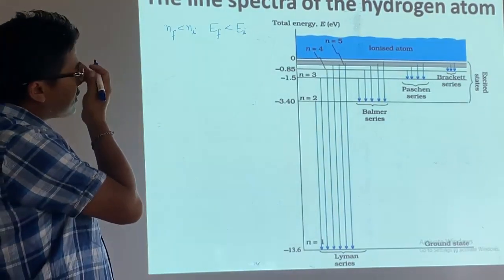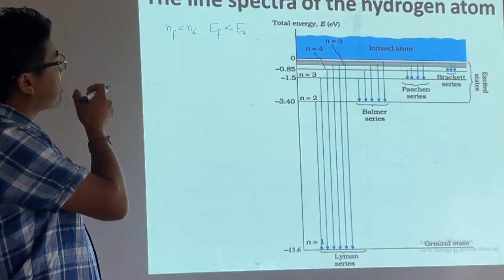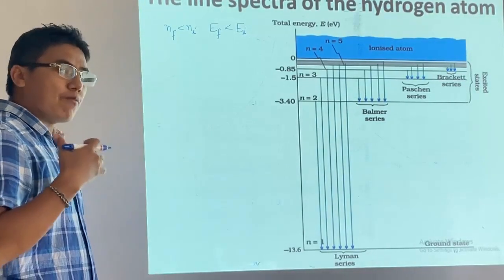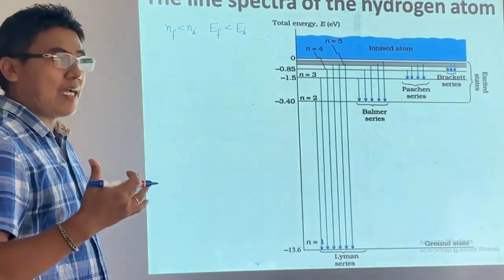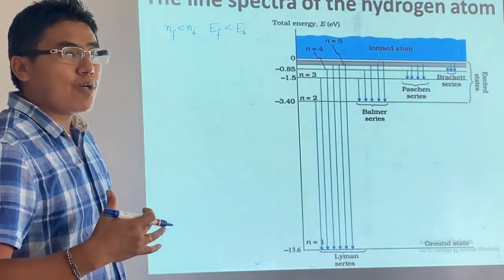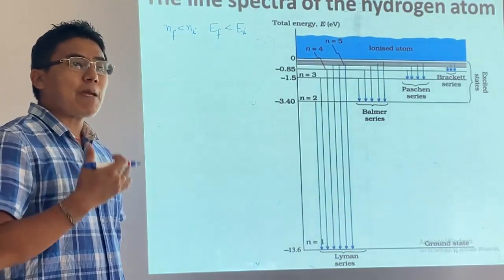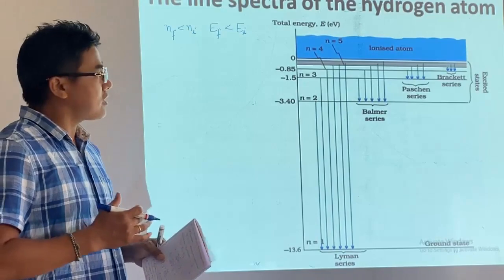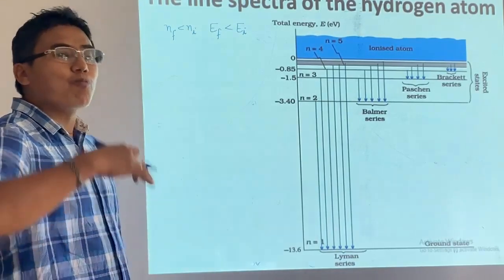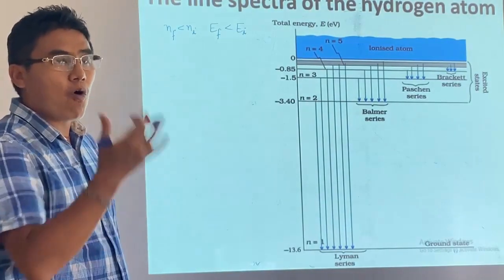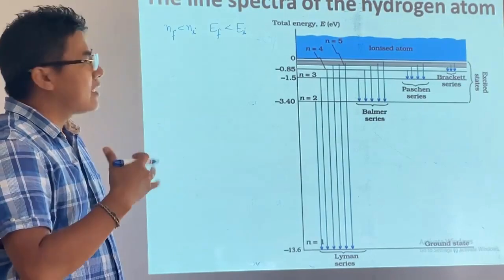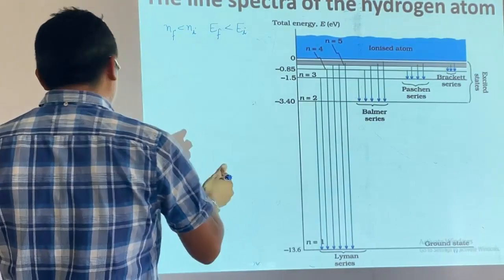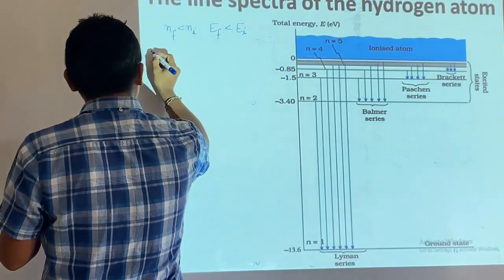What we are trying to understand is that the Bohr model would be able to predict what kind of spectral lines can be formed, right? This was observed much before, and Bohr theoretically tried to prove those things, right?